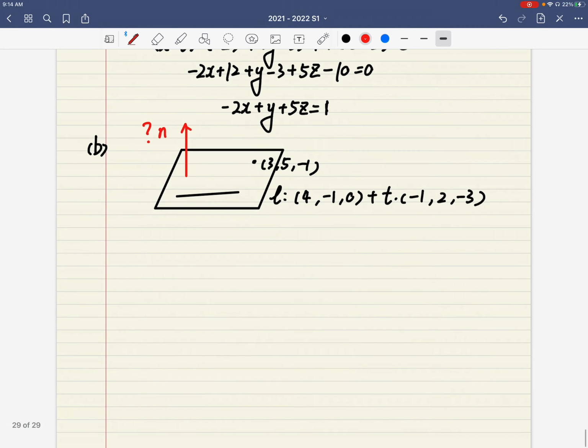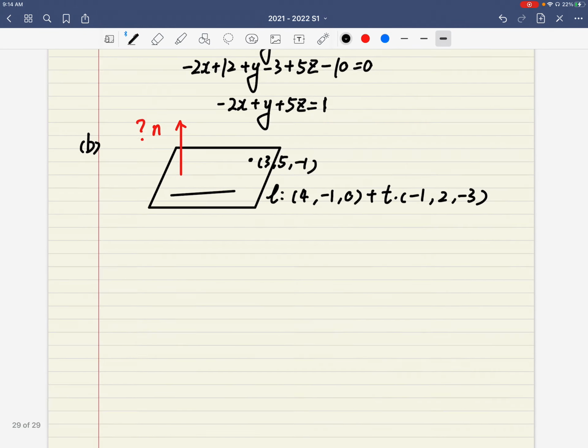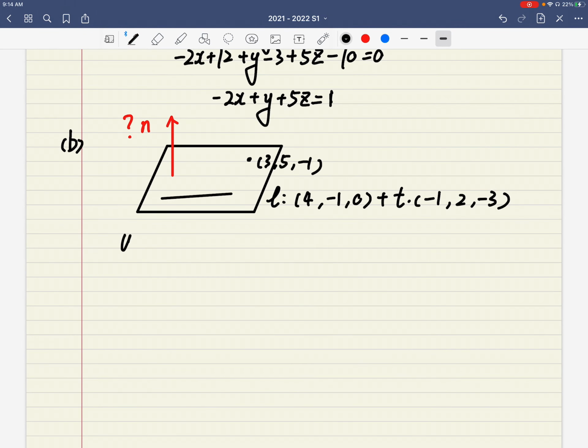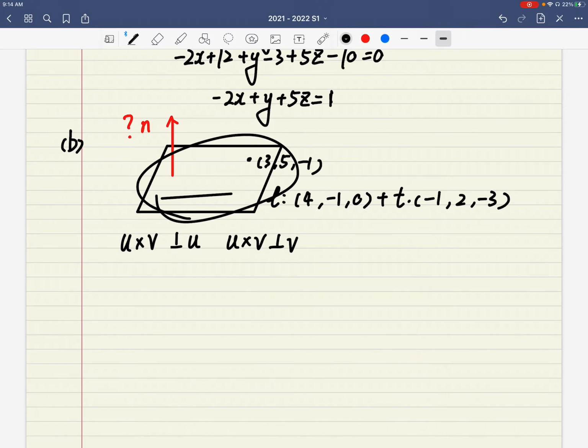Here we need to be creative. We need to use the cross product, because the cross product of u and v is perpendicular to u and perpendicular to v. So first we need to find two vectors on the plane and do the cross product to get n.